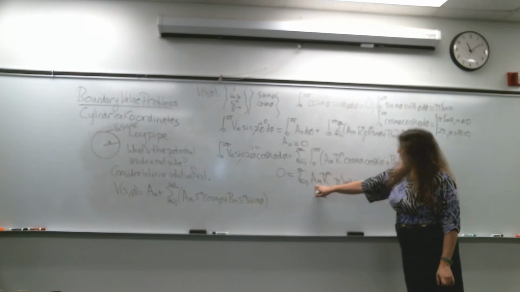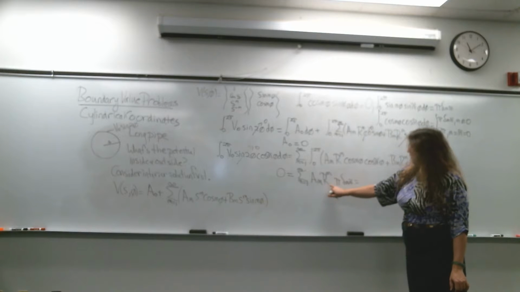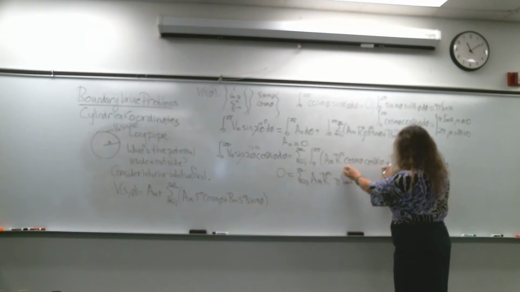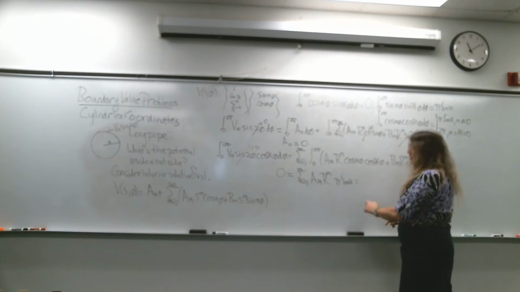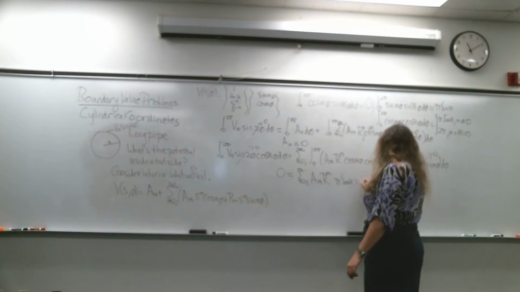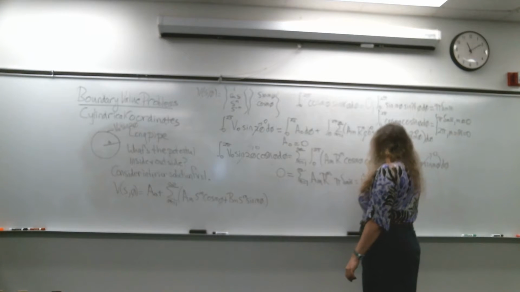Okay, so we've got our coefficient A m, r to the m, and then this integral of the cosines together gives us a pi times the delta of m and m tilde, so that picks out one of the coefficients.